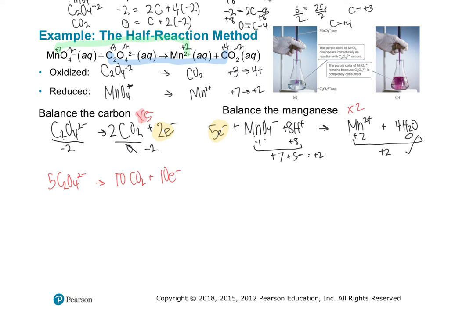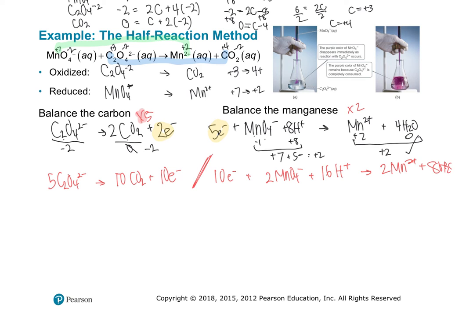For manganese, I'm going to multiply by 2, so I have 10 electrons plus 2 permanganates plus 16 hydrogens goes to 2 manganese ions plus 8 waters.